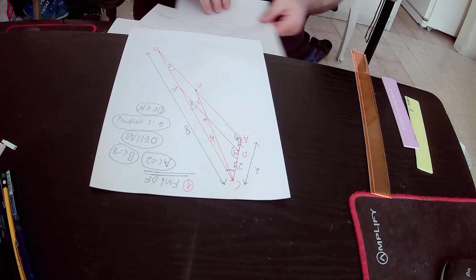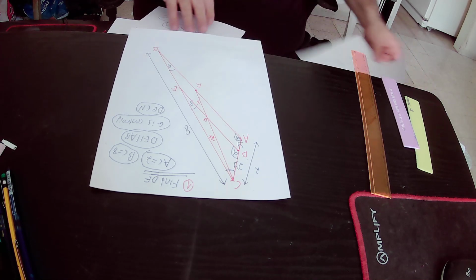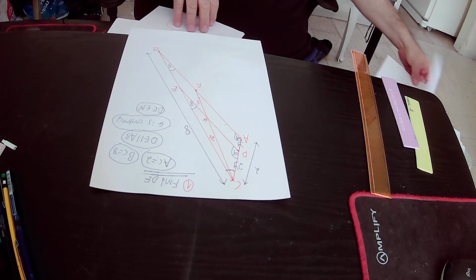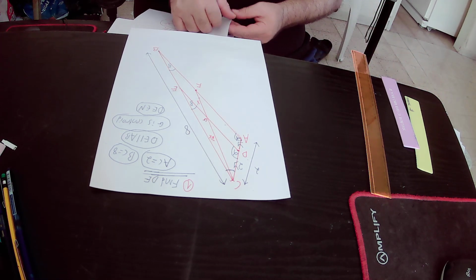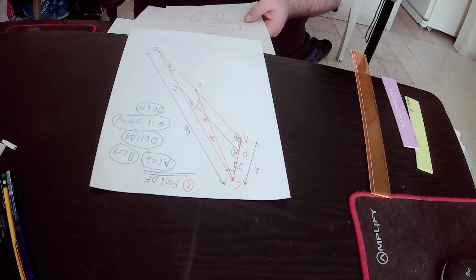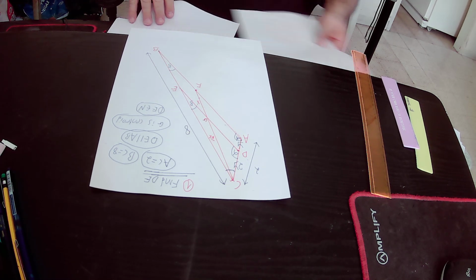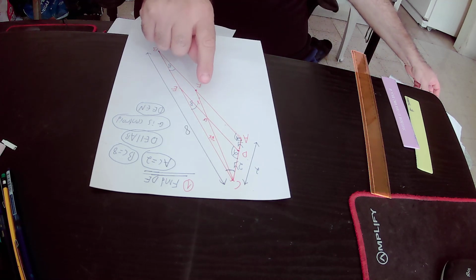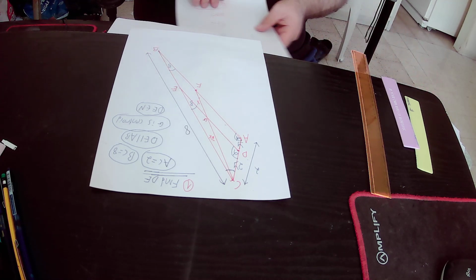In order to find it, we also know another thing, that G is the centroid of triangle ABC.